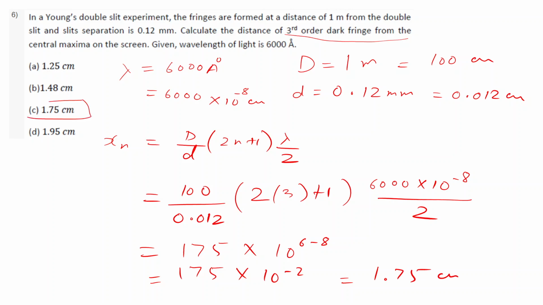So the answer here is 1.75 centimeter, the distance at which we will obtain the third order dark fringe from the central maxima on the screen.